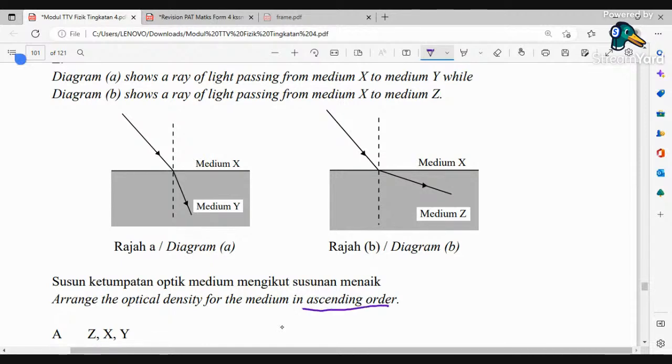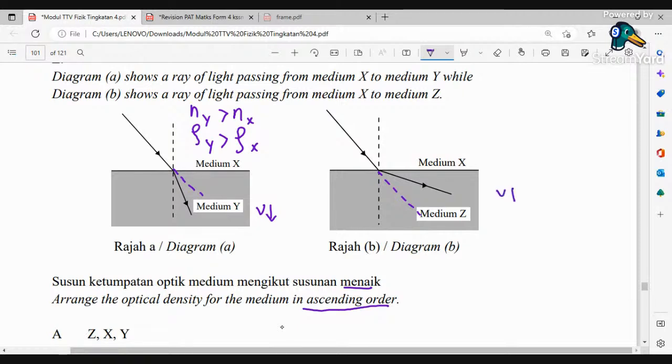Menaik, ascending. So we just compare from here. If you look from here, it bends towards normal. Means speed in medium 1 is smaller. Speed decreases. So if speed decreases, it means density of Y is more than density of X, or refractive index of Y is more than in X. Now compare Z and X. From here, obviously, you can see light bends away from normal.